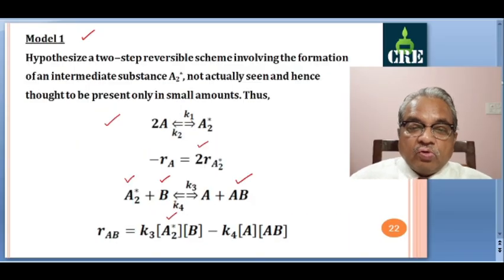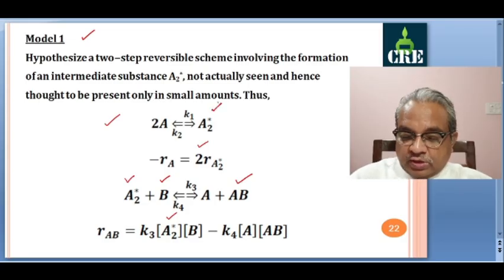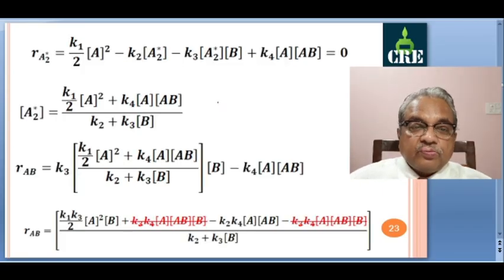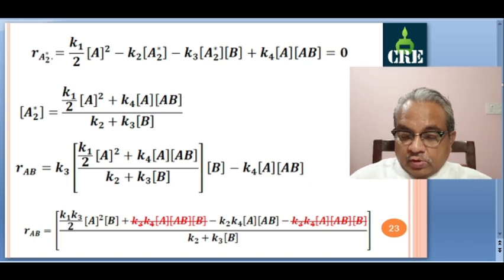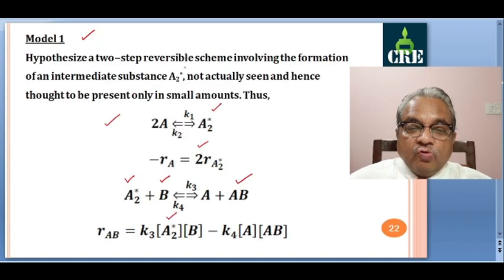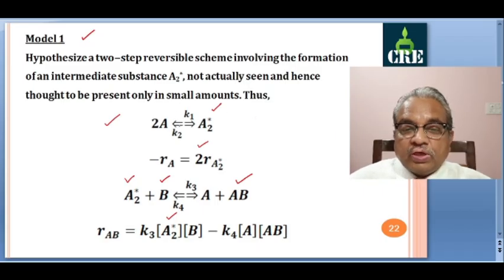So for that, what I will do is I will write the rate of formation of A2 star. Now see carefully. A2 star is involved in all four reactions. These two with k1 and k2, A2 star is there.